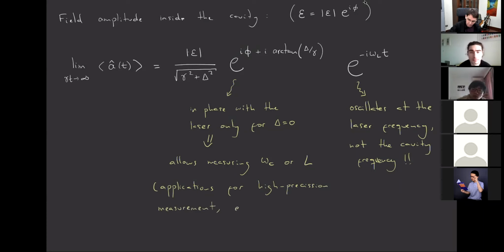For example, if you have heard about a relatively new field called optomechanics, quantum optomechanics, this is fundamental for this field in order to be able to measure small deviations of the mirror with respect to a certain length of the cavity. So you use this kind of effect, okay? So you see, just from this trivial example, you already get a lot of interesting physics. This is why I wanted to discuss it in detail.